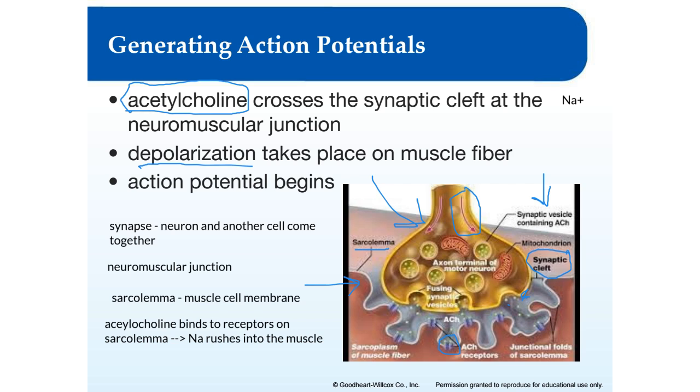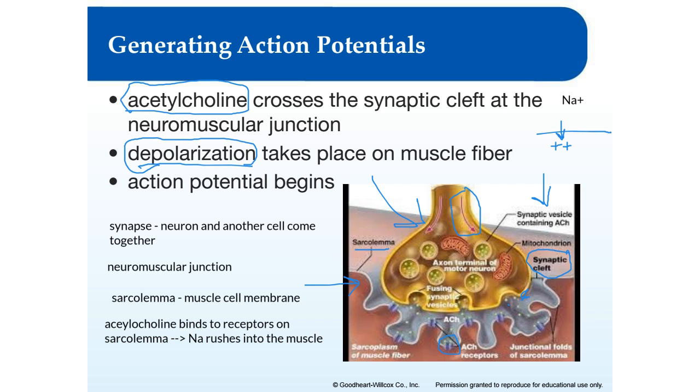As that sodium rushes in, it shifts the electrical charge of the membrane. So, for instance, if I have this membrane here, and all these positive ions cross and move to this other side, then that's going to change the electrical charge of the membrane. And that is called depolarization.